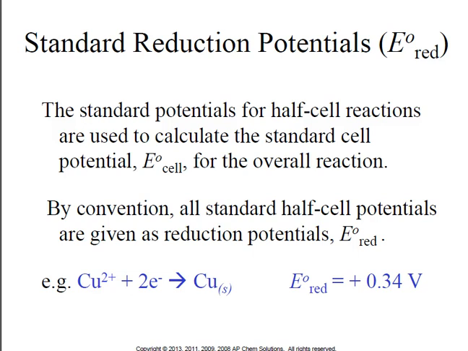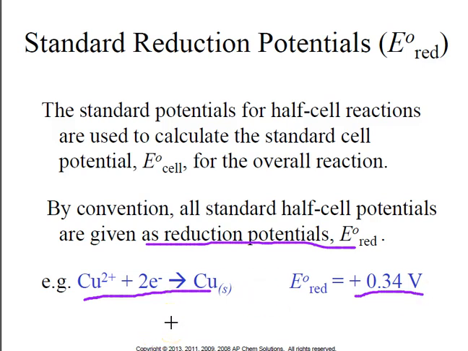So here's the cathode half, here's the anode half. However, they're all written as though they were being reduced, reduction potentials. So on the chart, we'll see, for example, if copper plus 2 gain 2 electrons to become copper solid, that has a potential energy of 0.34 volts.